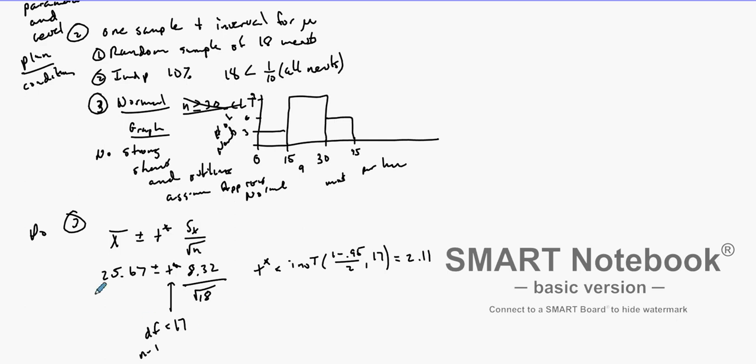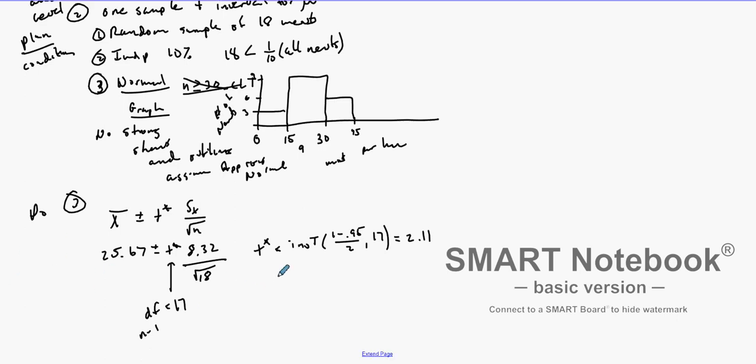Going from here, we plug in all of our values. We have 25.67 plus and minus 2.11 times 8.32 divided by the square root of 18. Then you can calculate our margin of error.